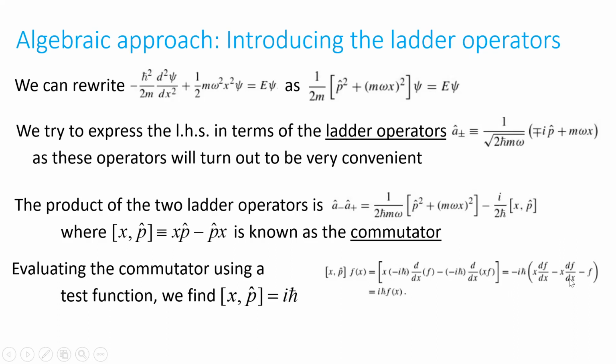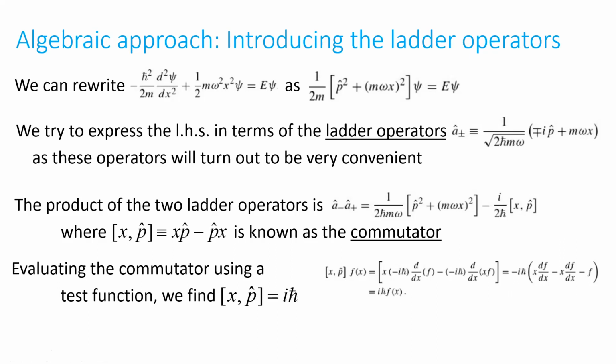We're just left with minus i h bar times minus f, or i h bar times f of x. This is an arbitrary test function, so the commutator of x and p acting on it is just the same as multiplying by i h bar times it. So that gives us the fact that the commutator is i h bar.